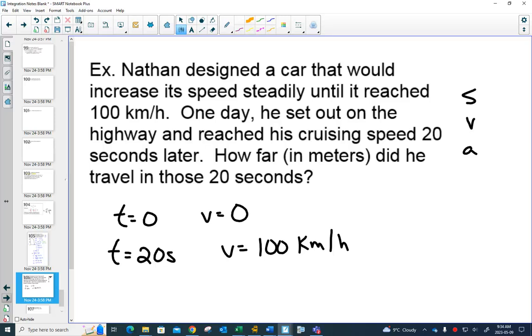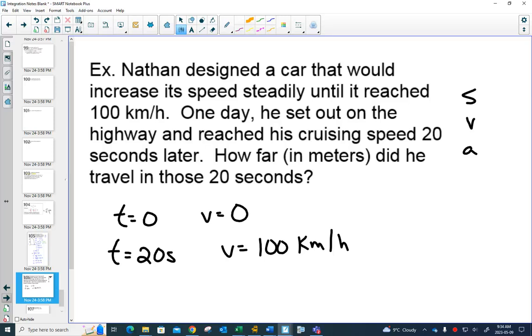We could change this to kilometers per second, but then the number in front is going to be very, very problematic. So the first thing that we're going to think about together is maybe our units. If we're using seconds here, in 20 seconds, I am guessing that he didn't travel many kilometers.